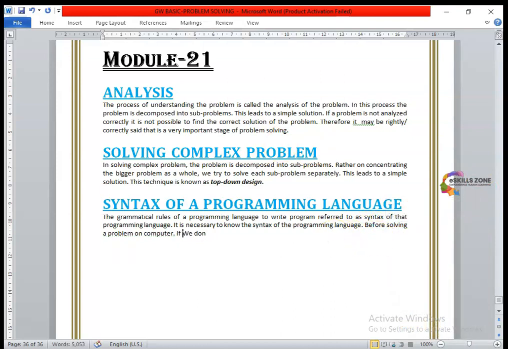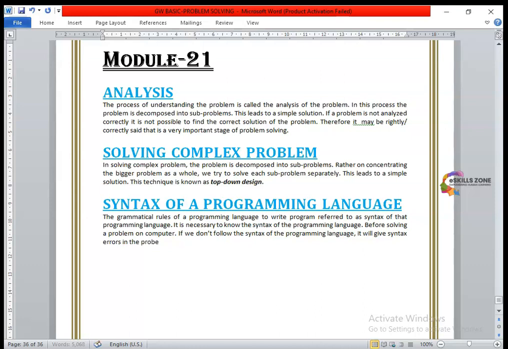If we don't follow the syntax of the programming language, it will give syntax error in the program.